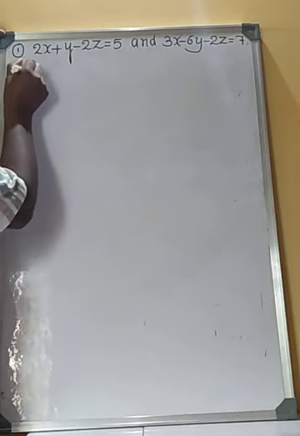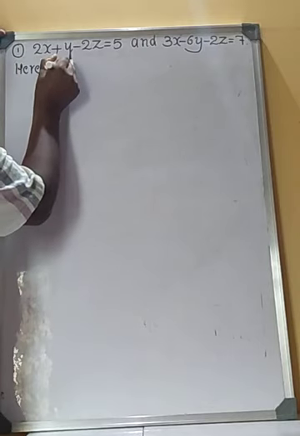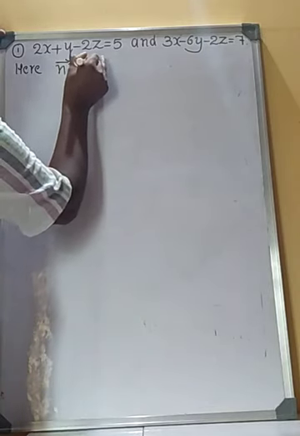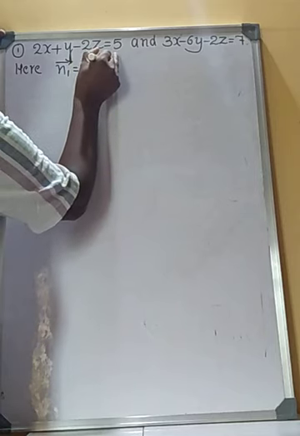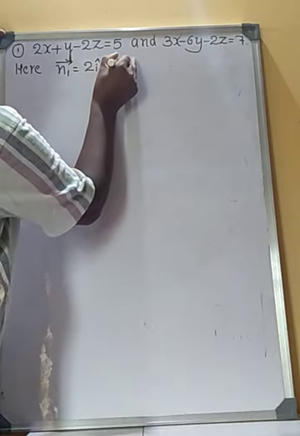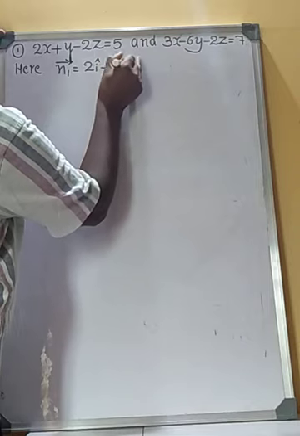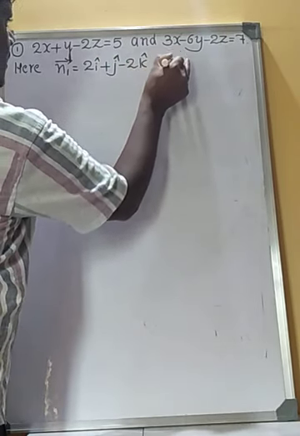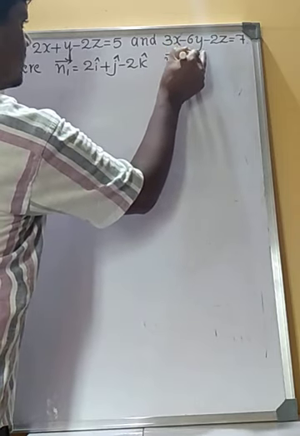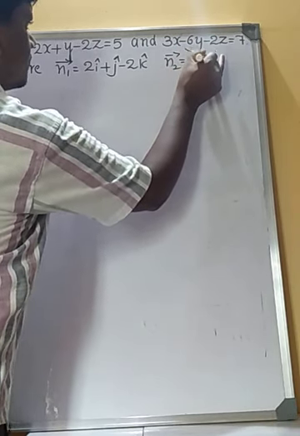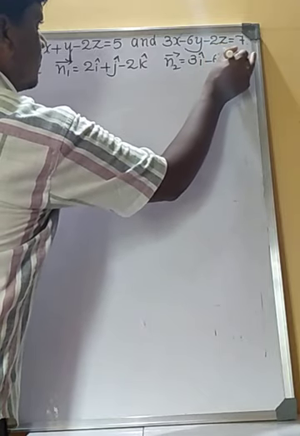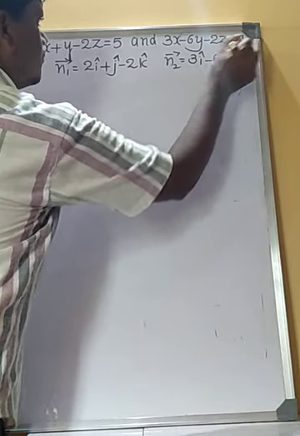Find the angle between the planes. Here n1 vector is equal to 2i plus j minus 2k, and n2 vector is equal to 3i minus 6j minus 2k.